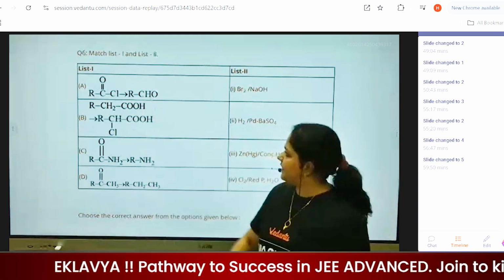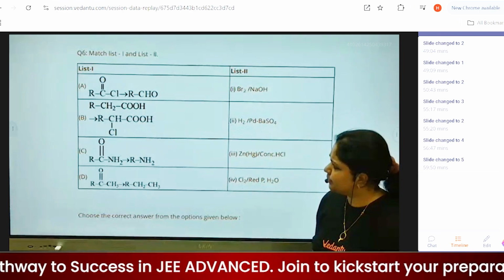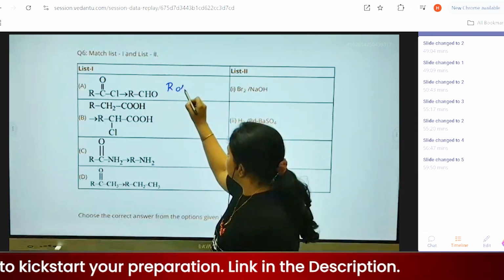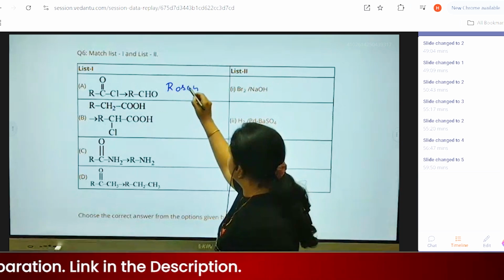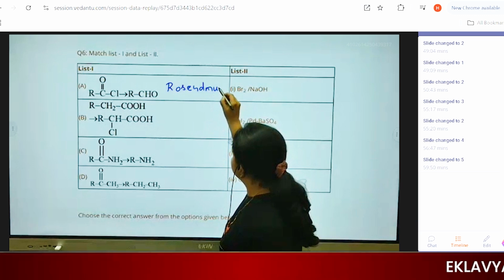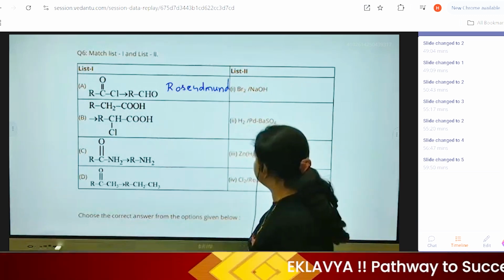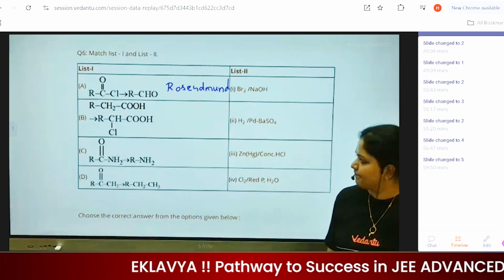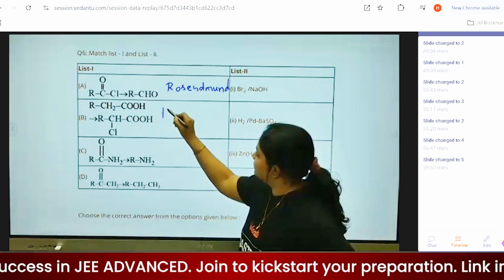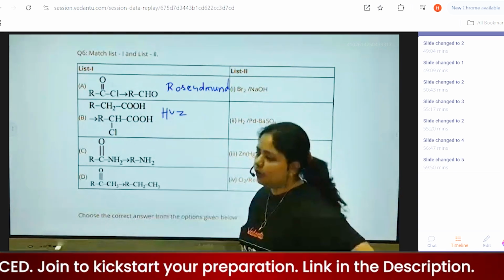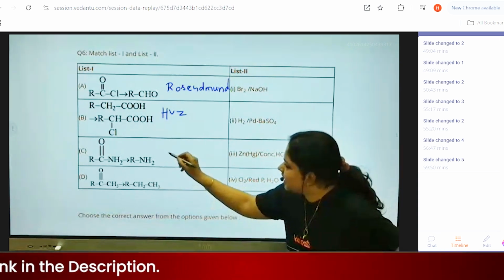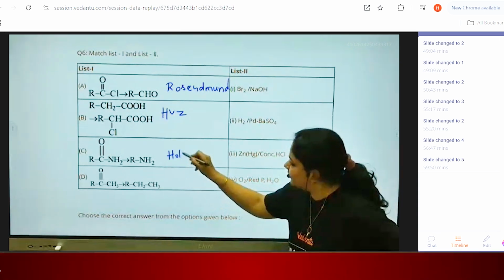So the very first one, I think this is the Rosenmund reduction. Then the second one is HVZ, the Hell-Hollard-Zelinsky reaction. This one is Hoffmann's bromamide reaction.